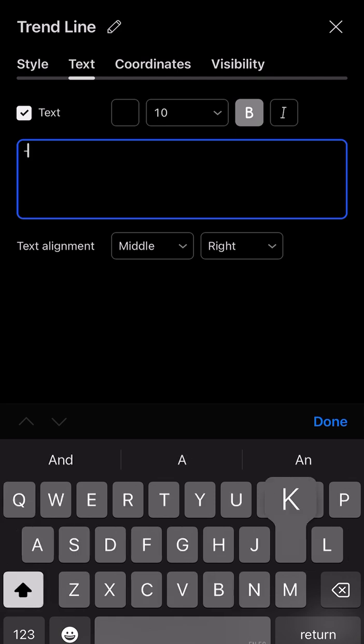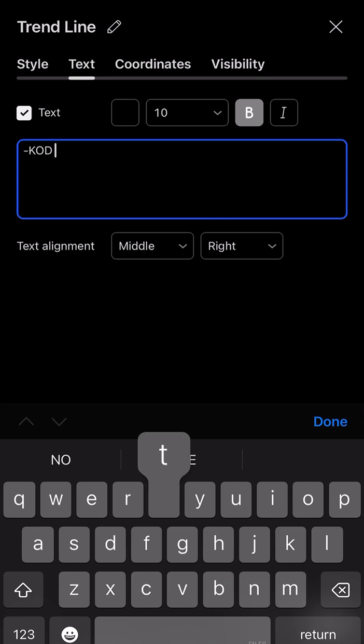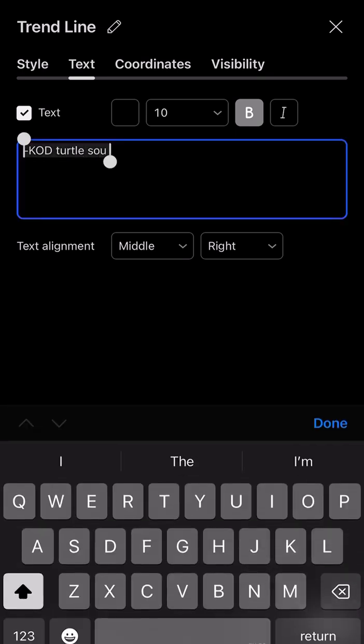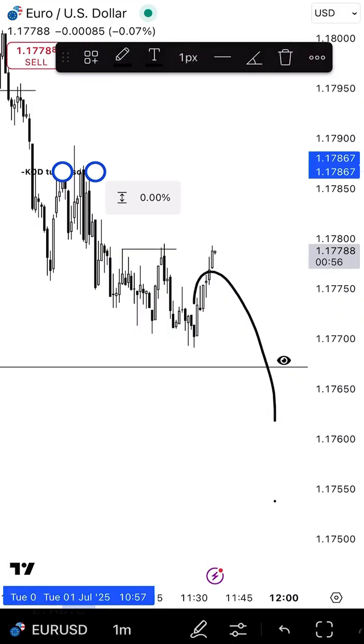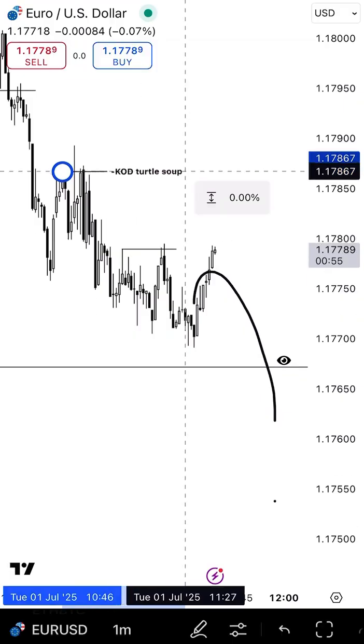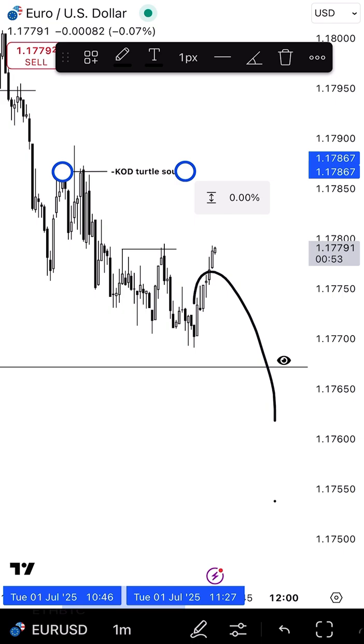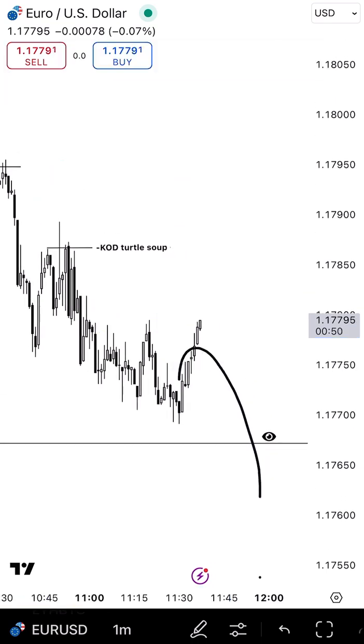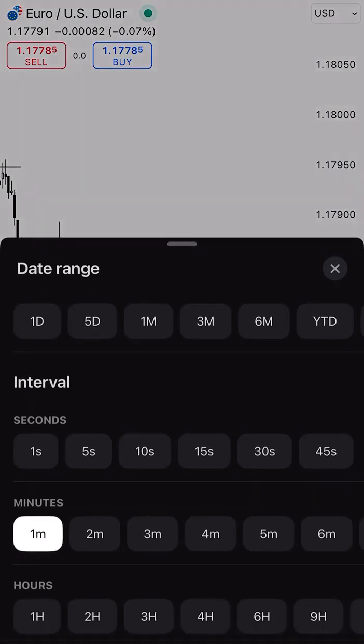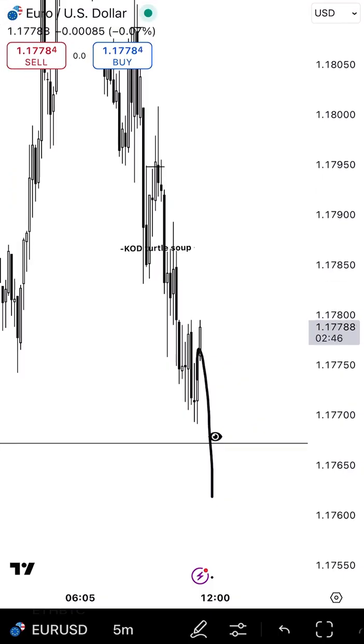Let's mark kiss of death turtle soup. Now usually you don't want them to ever go above a kiss of death turtle soup. Right? That's not good. So it's usually a good litmus test to see if the target is actually going to be reached, or because there is an SMT right now.